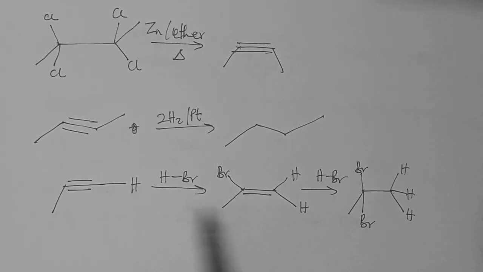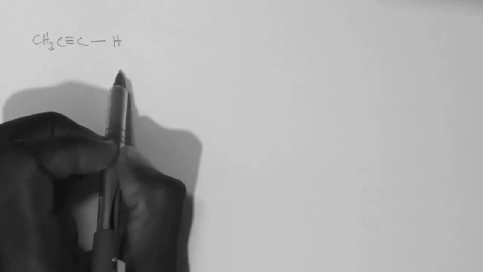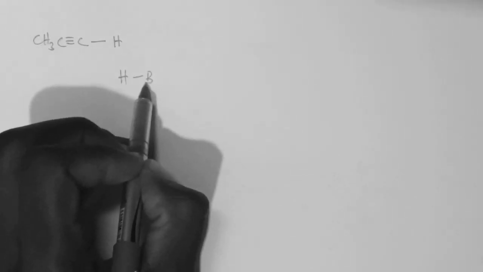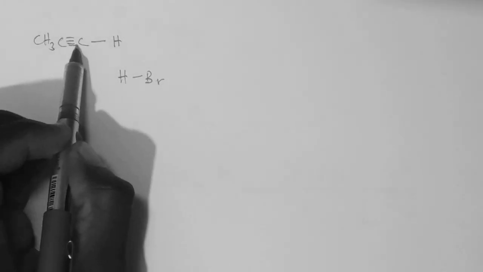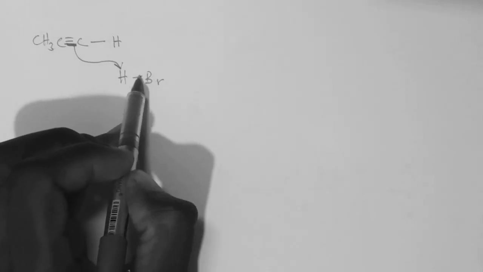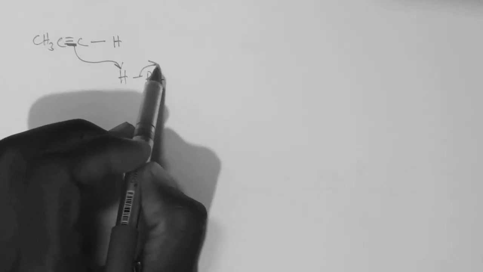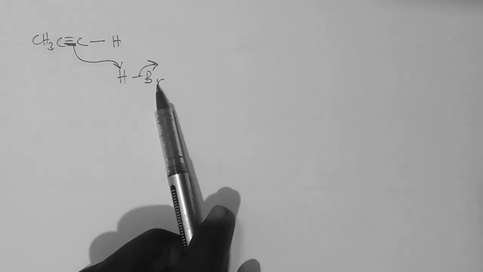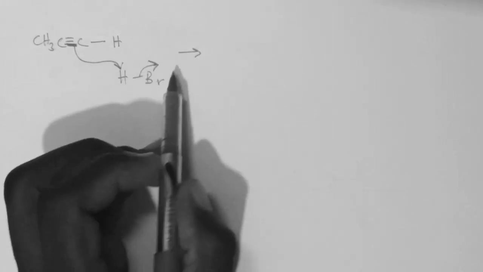So, what is the mechanism that leads to the reaction above? Let's consider this alkyne. Assuming we have hydrogen bromide in solution, what will happen is that because this is a nucleophile, it will use one of its lone pairs of electrons to pick this proton, whilst causing this bromide ion to leave to give us this.